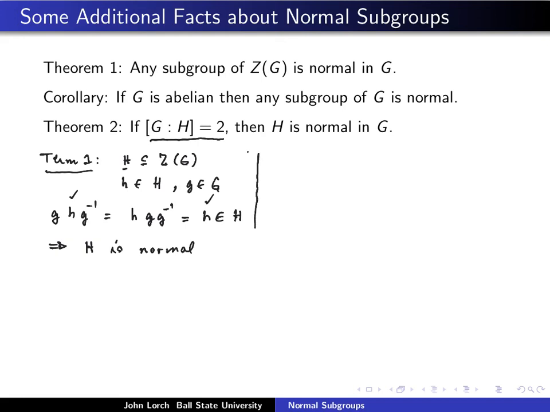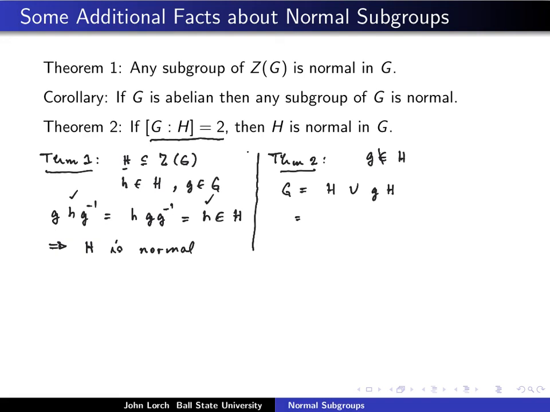Okay, now for theorem 2, remember that the left cosets and the right cosets of any subgroup partition the group. So we can write G as H union gH, where here g is some element that's not in H. That's all that matters, okay?